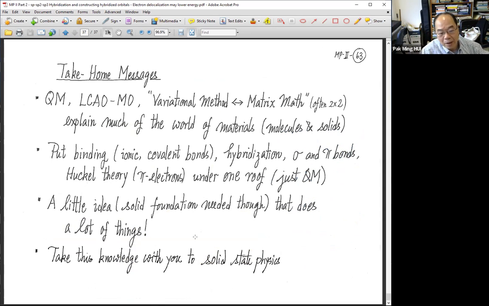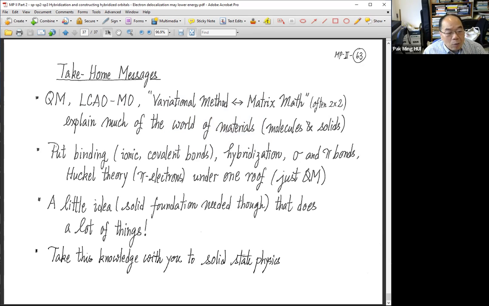So this is the last page, take-home message. What we did here is no new physics, but we apply what we have done. We developed some applications of quantum mechanics, LCAO, variational method, matrix, a dirty thing, 2 by 2 mostly, and you can explain a lot of the world of materials, whether it is atoms, molecules, and solids.